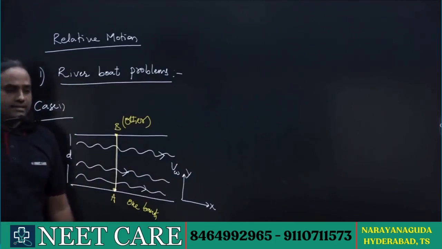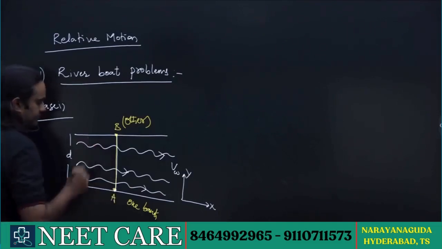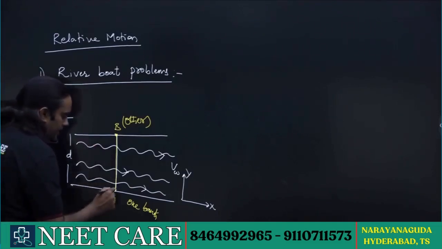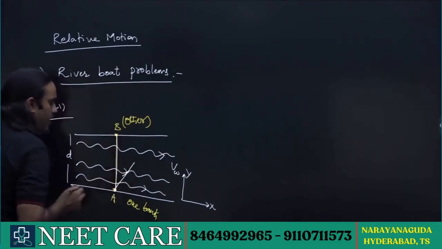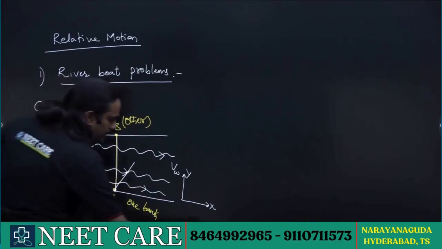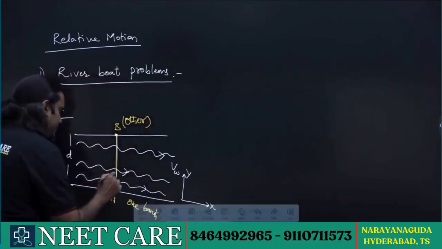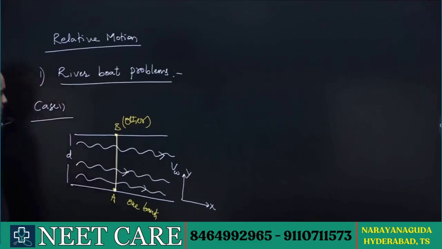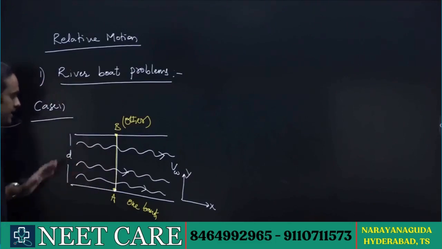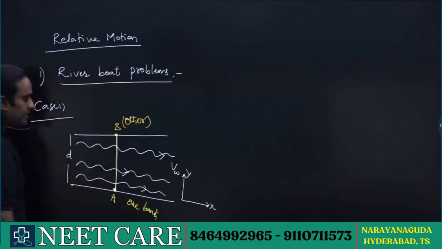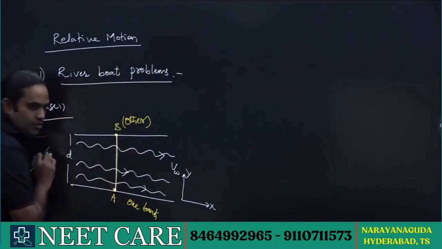If you analyze the motion of the boat starting at point A, suppose the boat starts moving along AB initially. Due to the water flow, there is a chance of displacement in the position of the boat.